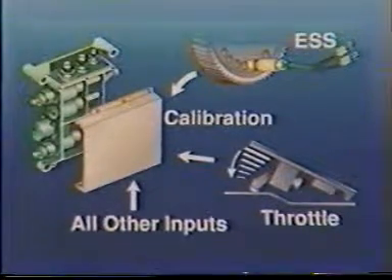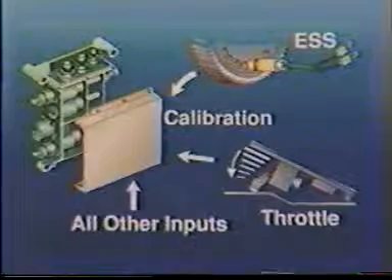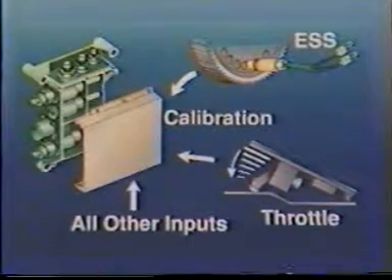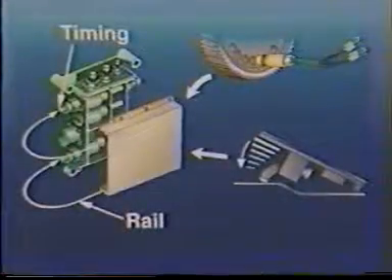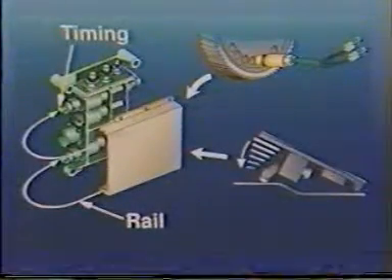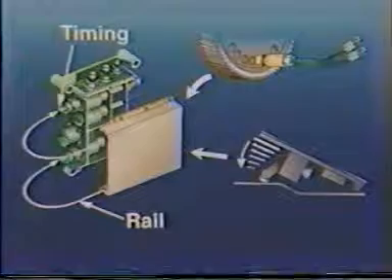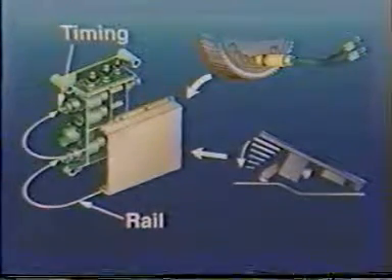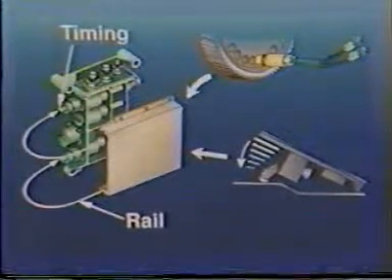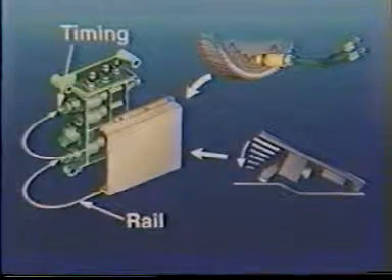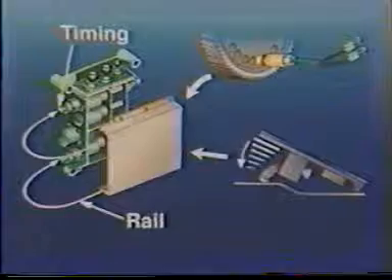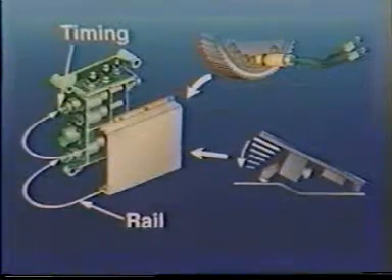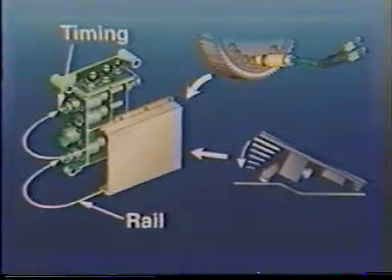It will then compare this data to its calibrated data to determine the appropriate signal changes. If additional engine speed is allowed, the ECM then outputs the appropriate signals to the fuel rail control actuator to increase engine RPM. If this increase in engine speed requires a change in injection timing, the ECM will output the appropriate signals to the timing control actuator as well.